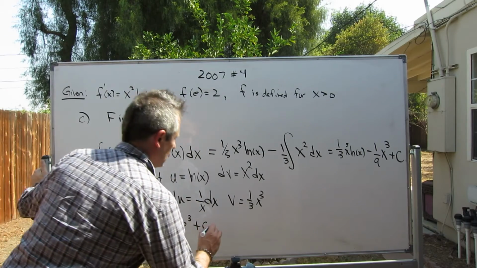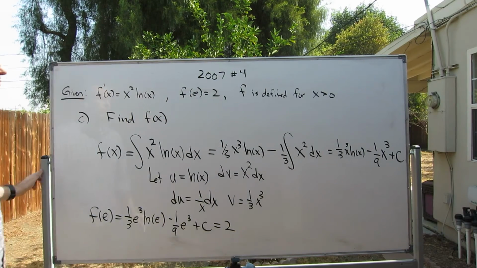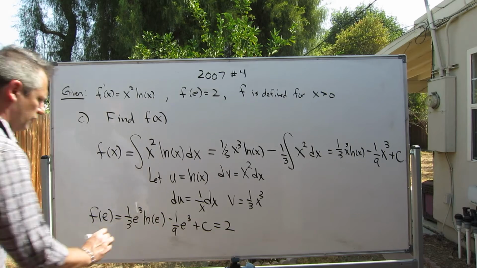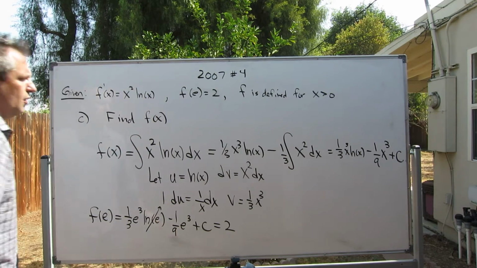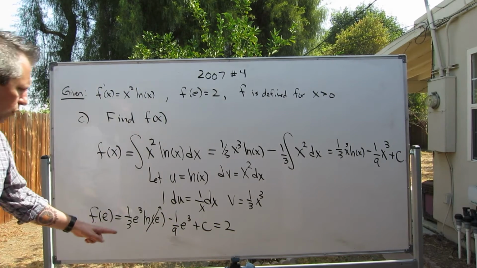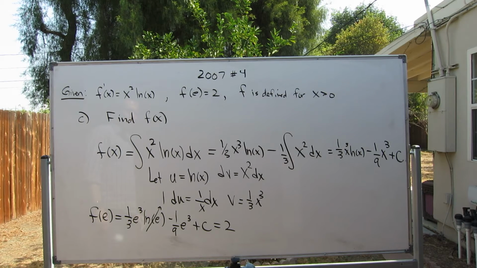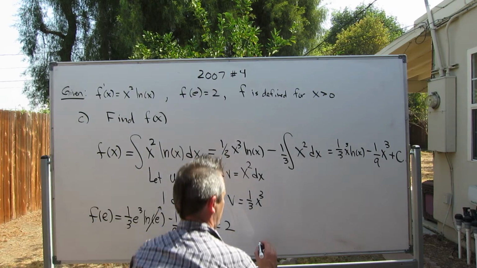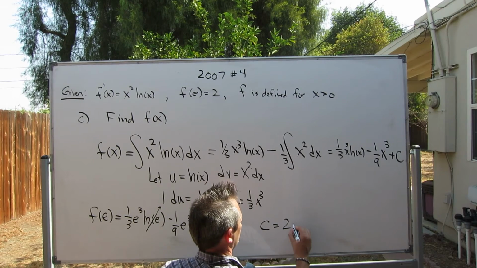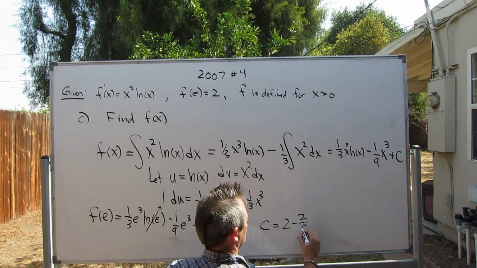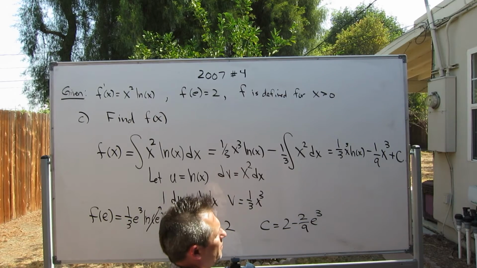Apparently this should equal 2. Now the natural log of e is just 1, so that goes away. And now I have 1/3 e cubed minus 1/9 e cubed, which I believe is 2/9 e cubed. So I think we just found that c equals 2 minus 2/9 e cubed.